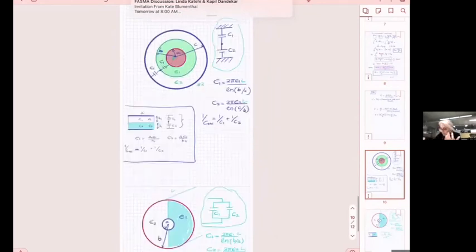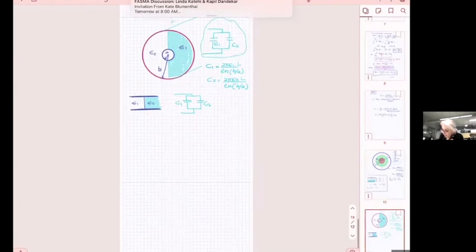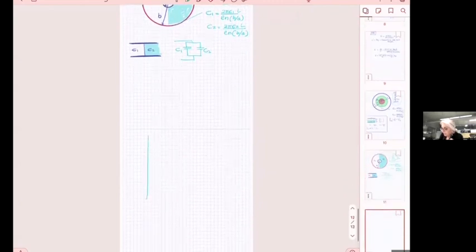For example, what I may give you is one line like this of a charge, an infinite line charge. We are going to do this example. And another line of this charge. And then I want you to find somewhere in between the electric field.